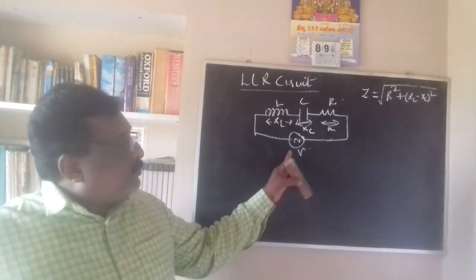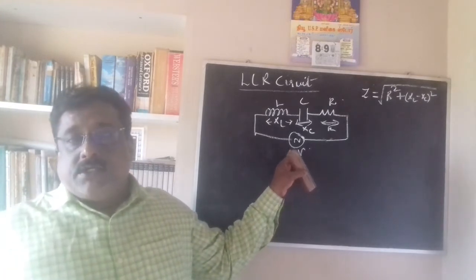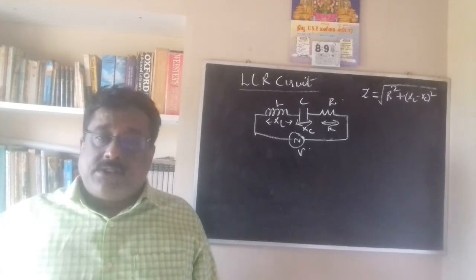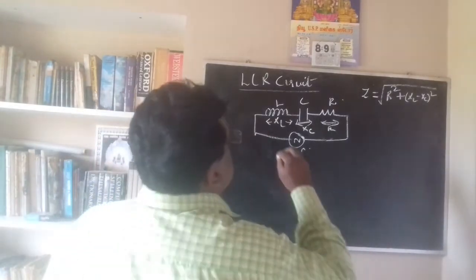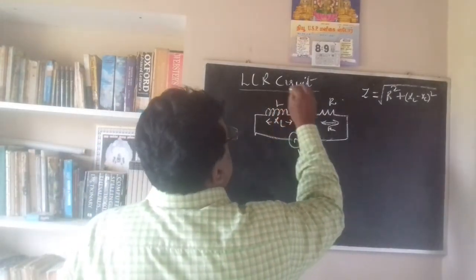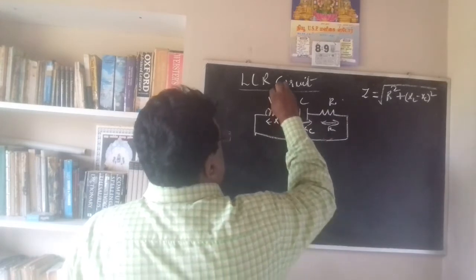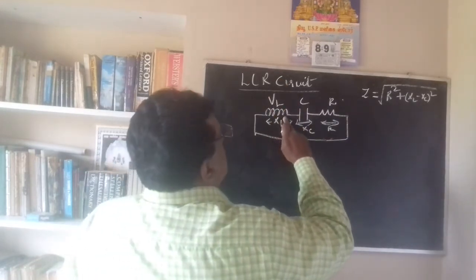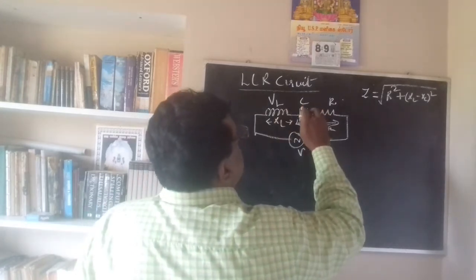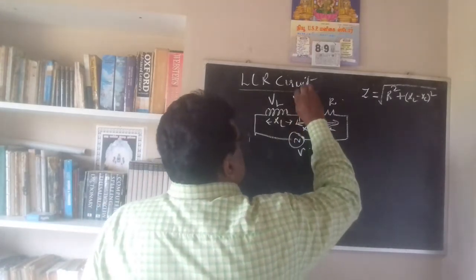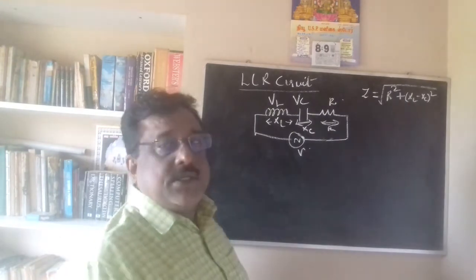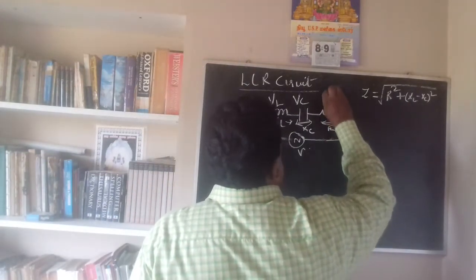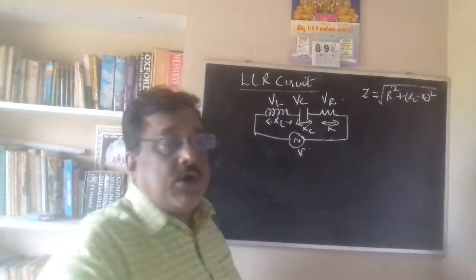The voltage supplied by the alternating source will be dropped across the resistance, inductance and capacitance. The voltage drop across the inductor is called VL, across the capacitor is called VC, and across the resistance is called VR.